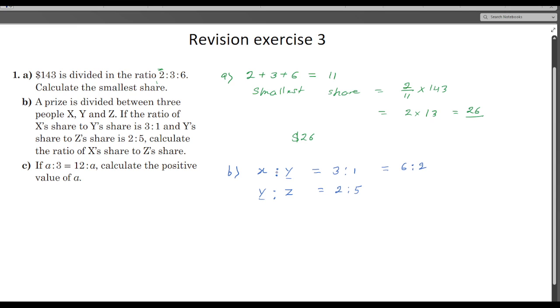Okay. So your X ratio Y is 6:2 and your Y ratio Z is 2:5. So I will combine it and I will say that X ratio Y ratio Z is equal to 6:2:5, and therefore your X ratio Z will be equal to 6:5.